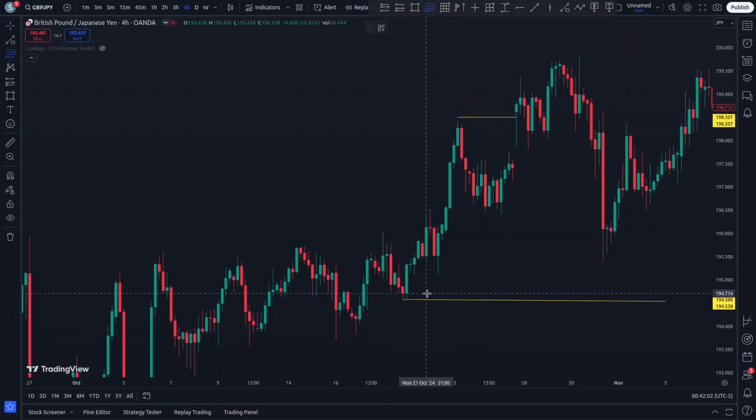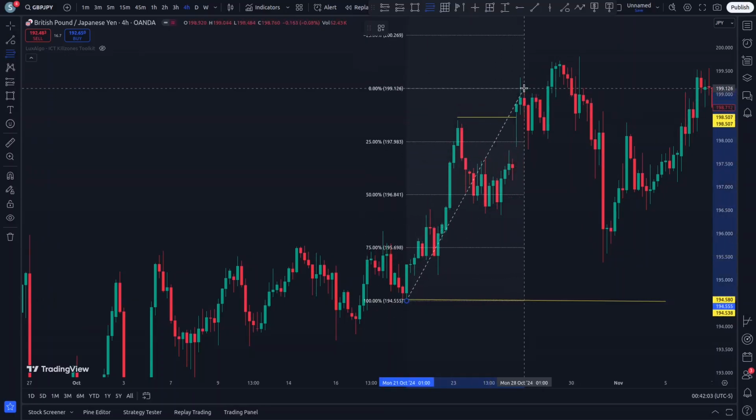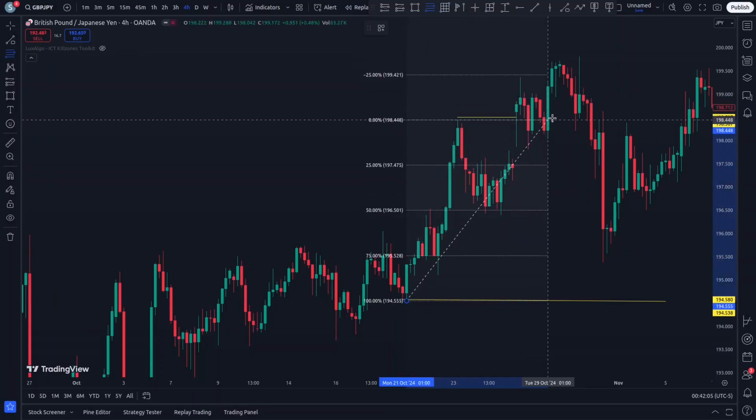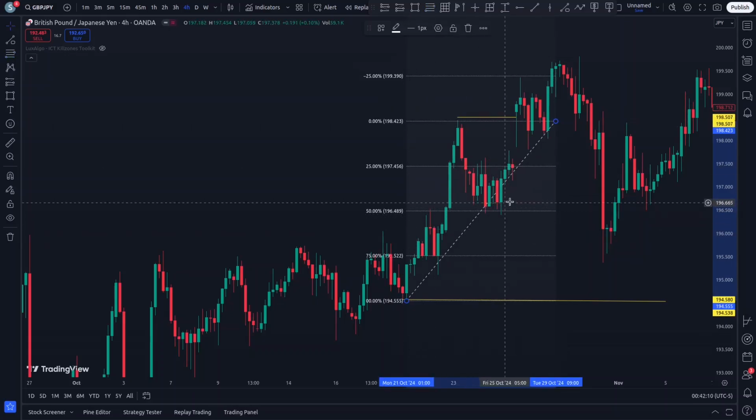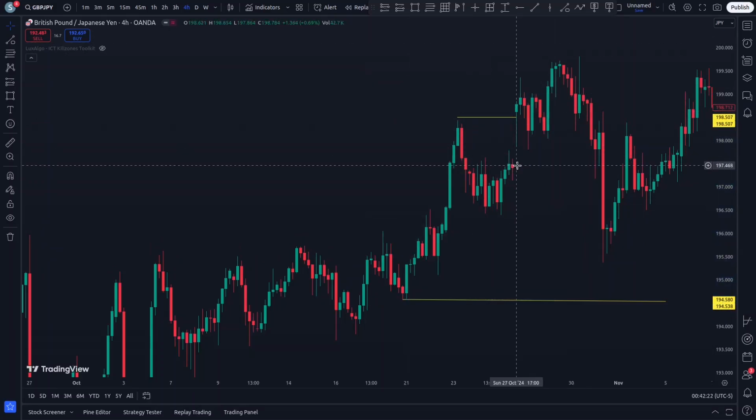Let's take our Fibonacci tool again to draw here. As you can see, price reaches this imbalance, an area of imbalance in our discount zone, which retraces from there. Then this is the closing of a week. At the opening of this week, what do we have?